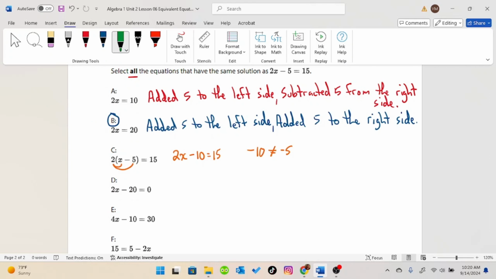Now we look at D. To go from -5 to -20, we subtract 15 from the left side.